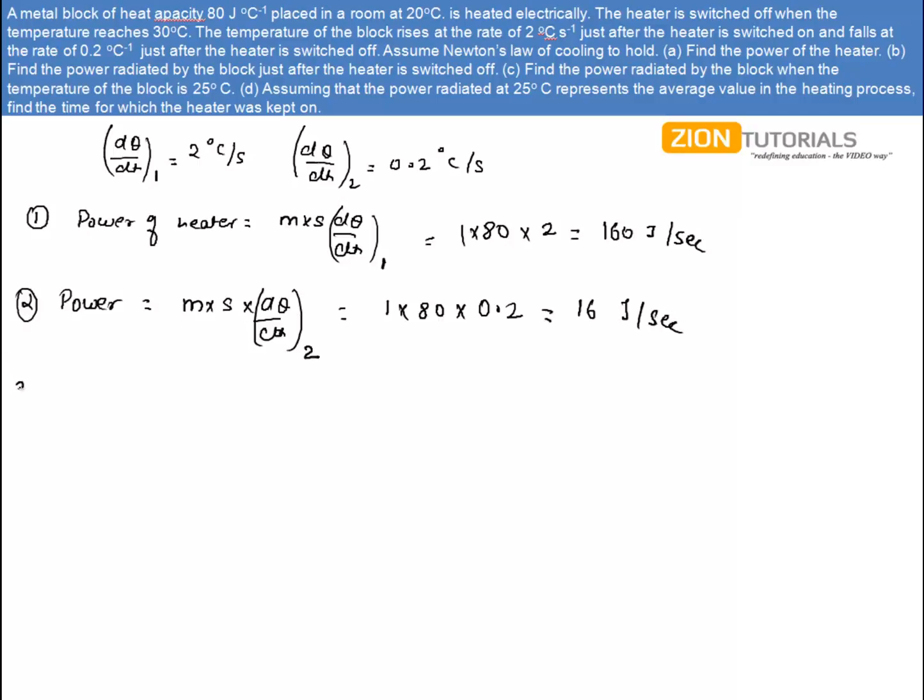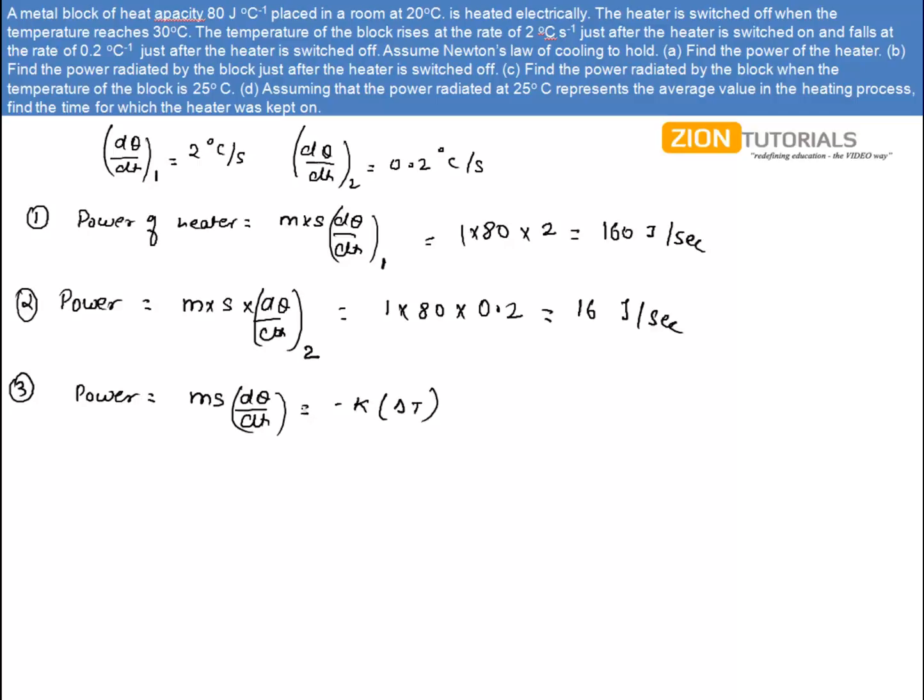Alright, in the third part we have to calculate the power radiated when the temperature of the block is 25 degrees. First of all, by Newton's law of cooling, the power radiated is given by m s d theta by dt equal to minus k into delta t.